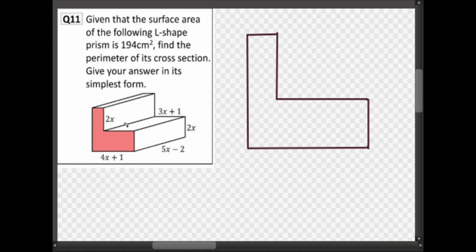Okay, and to find the surface area of all of the rectangles here, we can take the perimeter of the cross section, which we found before. The answer is 16x plus 2, and then we times it by 5x minus 2.